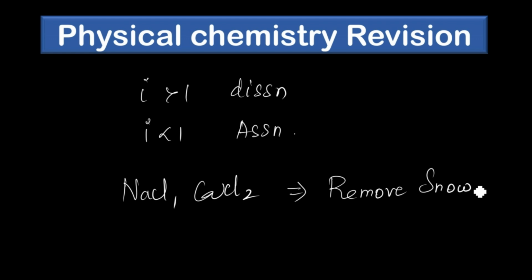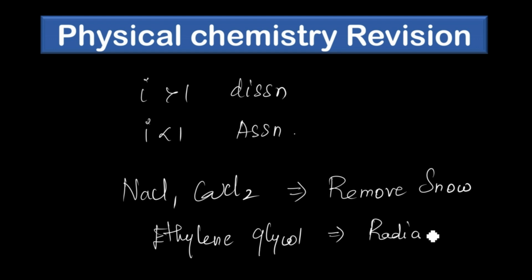And then ethylene glycol, which is added to water in the radiator to lower the freezing point. These are some application-based points of this chapter. That's it.